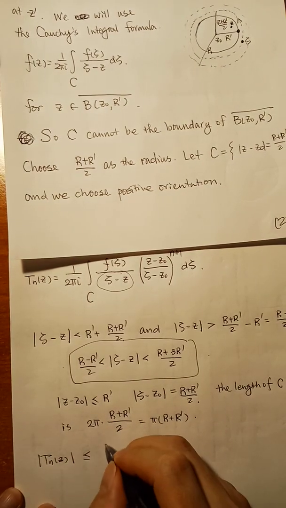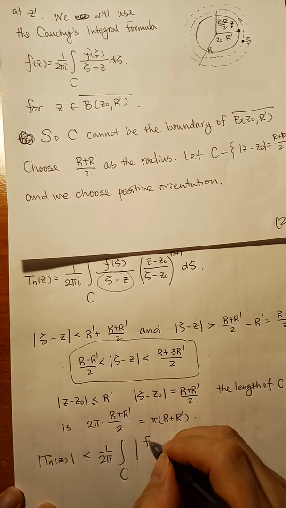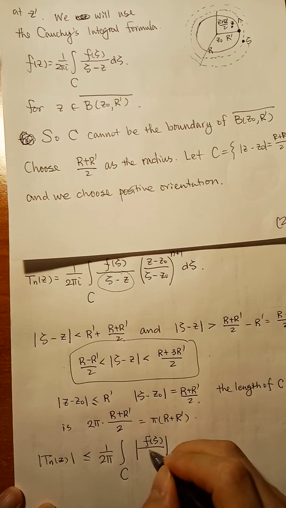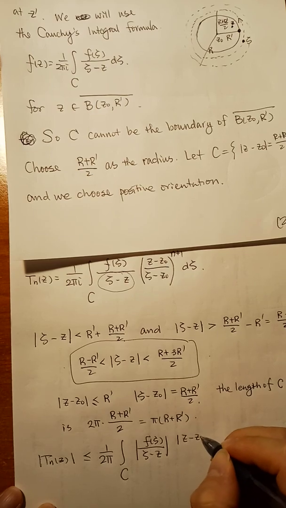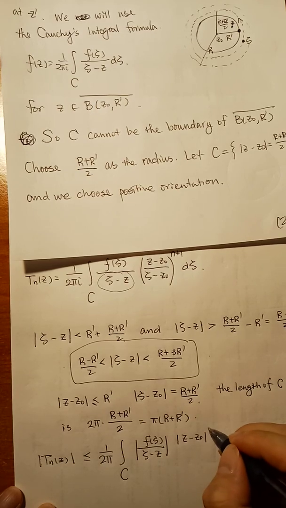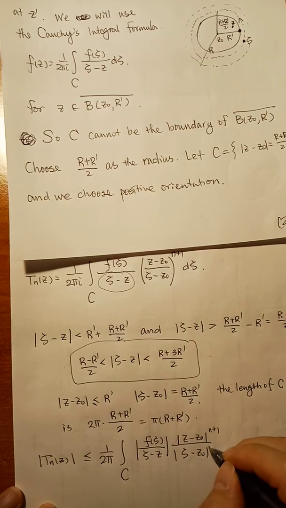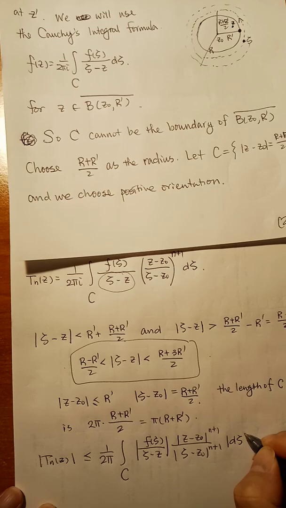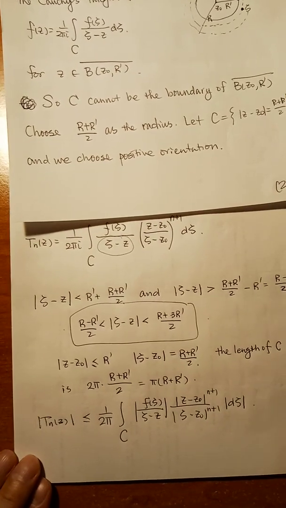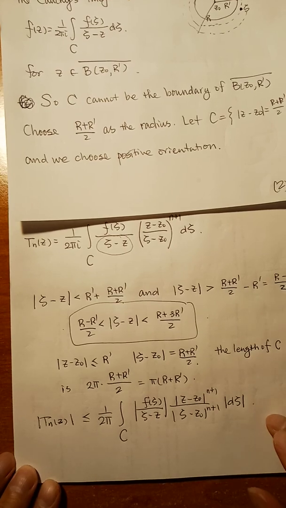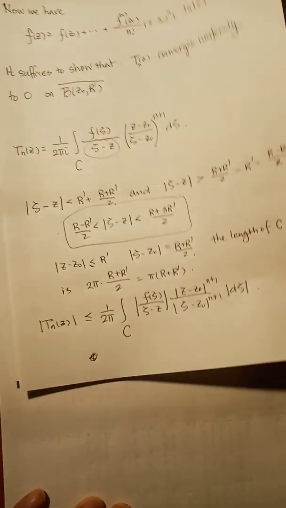It's less than or equal to 1 over 2 pi, the integral along C of |f(theta)| over |theta - z|, times |z - z0| to the power n plus 1 over |theta - z0| to the power n plus 1, d theta. That's the basic estimation. Now let's do it step by step.